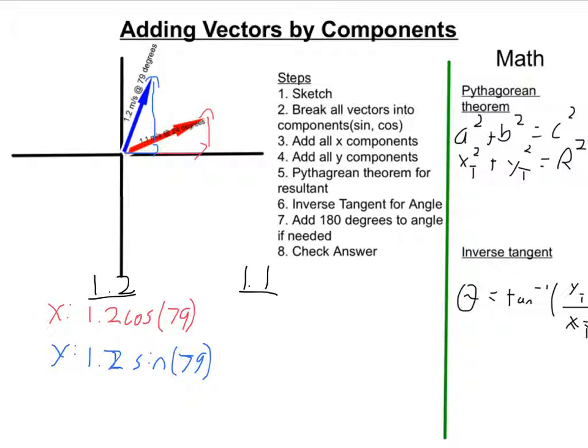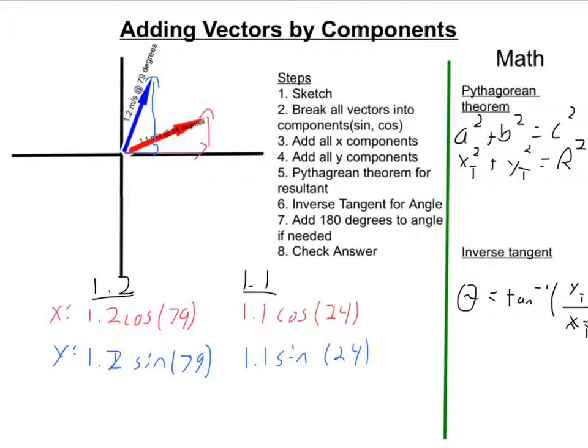Now the X component of the other vector, 1.1 cosine 24 degrees. And the Y component, 1.1 sine 24 degrees. Alright, so now I have everybody broken into components. So it says add all my X components, right? And then I'm going to add all my Y components.